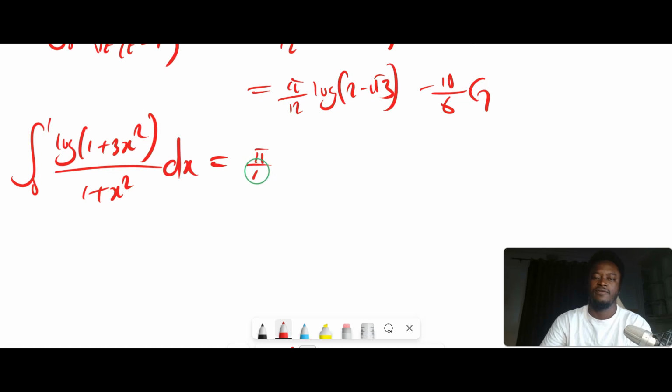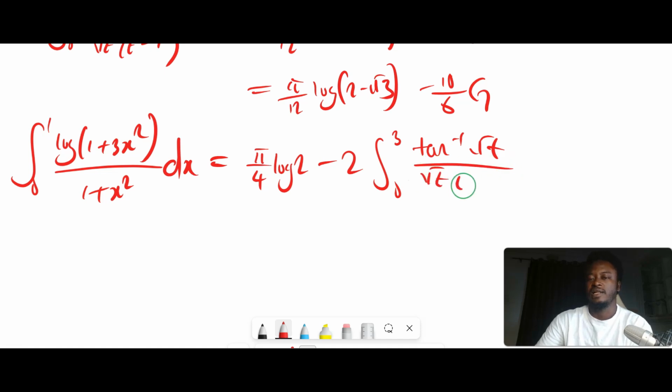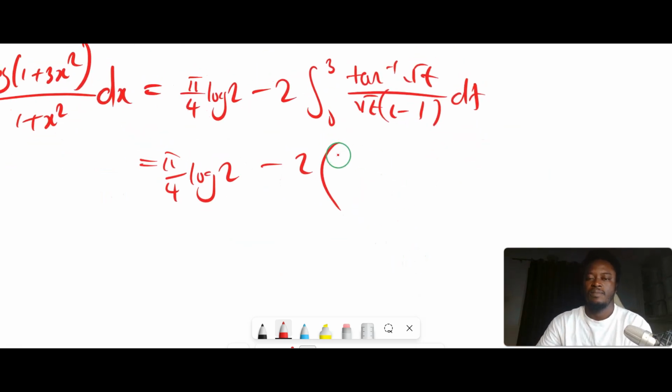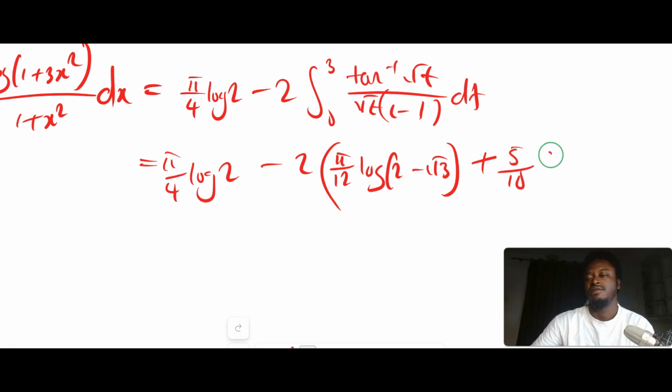We got pi over 4 times log 2 minus twice the integral from 0 to 3 of tan inverse of square root of t, all divided by square root of t times (t minus 1), dt. So this will be pi over 4 log 2 minus twice of pi over 12 times the logarithm of 2 minus square root of 3, then plus 10 over 6 G.